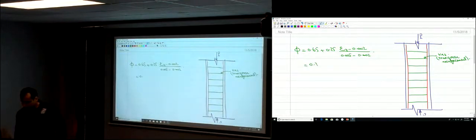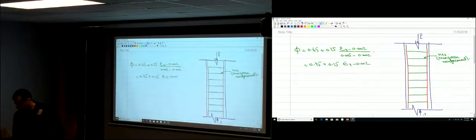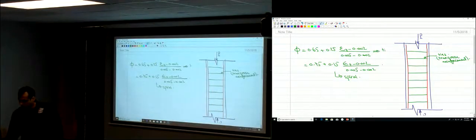Or it's 0.75, sorry, this is 0.25, and this is 0.15, and then the same magnitude in the same equation here. So this is for spirals, and this is for ties.